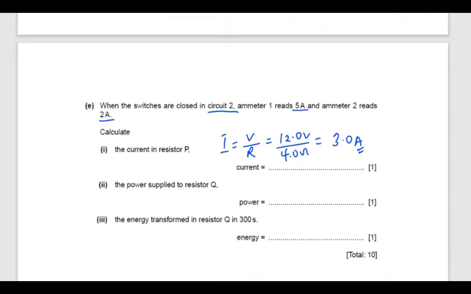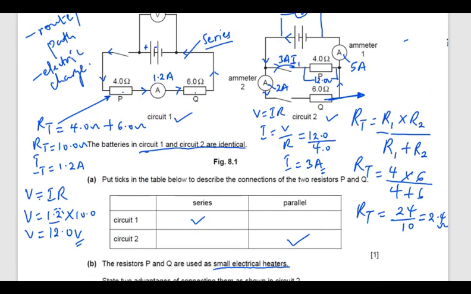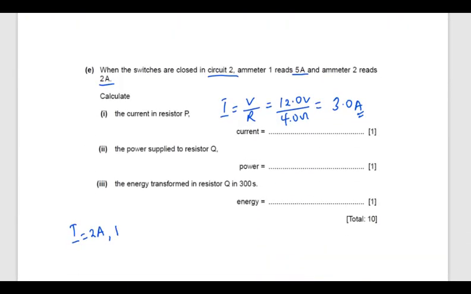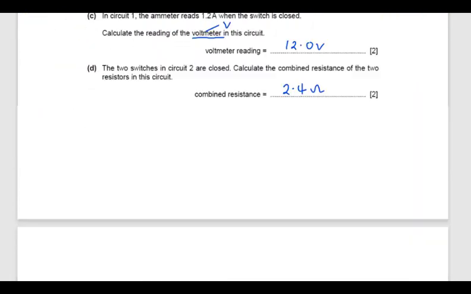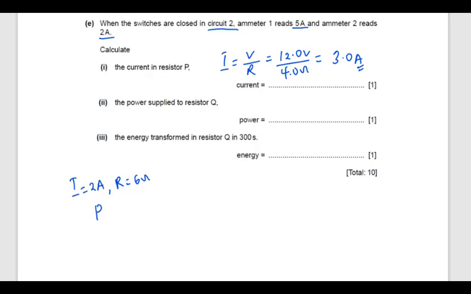We know that the current is 2 amps and its resistance is 6 ohms. With that we can find the power. Now, power equals the current multiplied by the voltage.